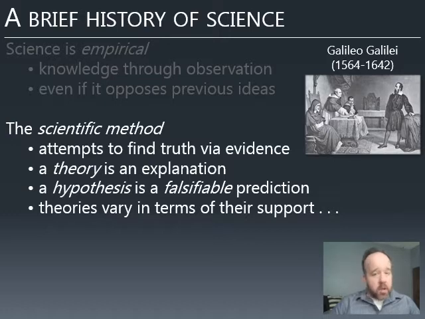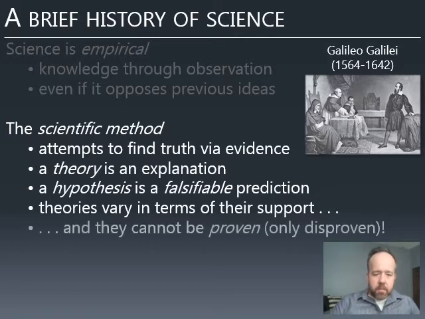And so evolution is a theory, but so is gravity. In fact, we understand way less about gravity than we do about evolution, for example. So theories vary in terms of how much support they have. But just because we call something a theory doesn't mean that it's flimsy or that no one believes it. A theory, again, is supported by good evidence.